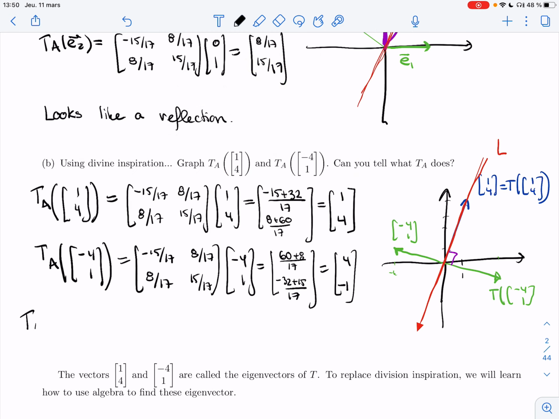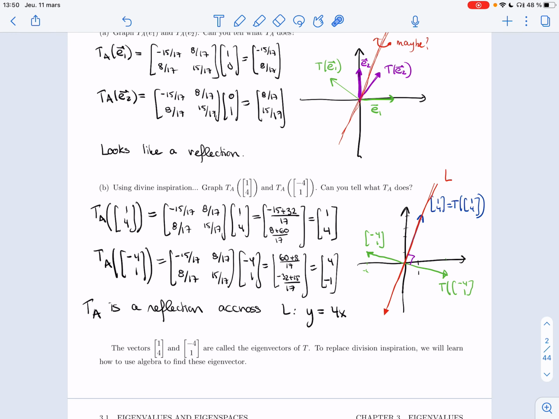And T_A is a reflection across L, which is the line, well, the slope is 4, so y = 4x. So by looking at these two special vectors, where 1, 4 is sent to itself and the other one is sent to minus itself, I can really tell what the linear transformation is doing.